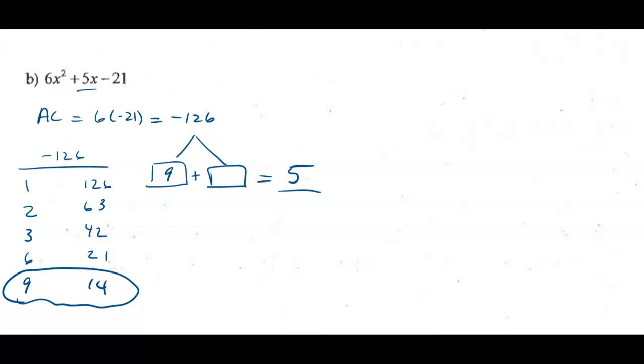Now, one of them has to be negative. I want the 9 to be negative because that 5 is positive. So now that I know my numbers, it becomes 6x squared minus 9x plus 14x minus 21. And you can solve by grouping. Let's group them.